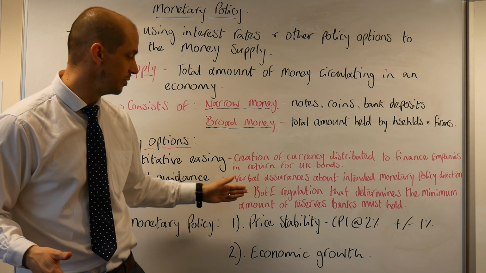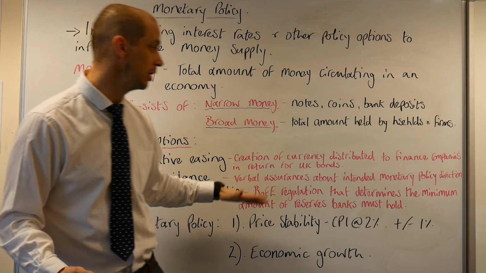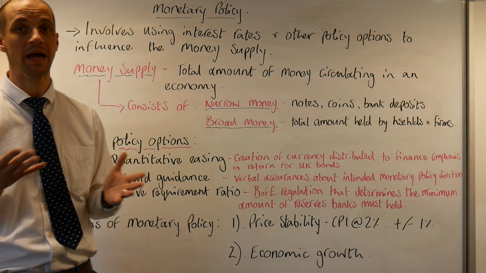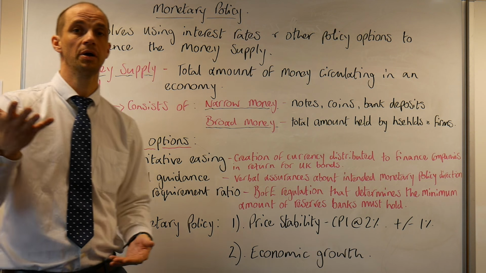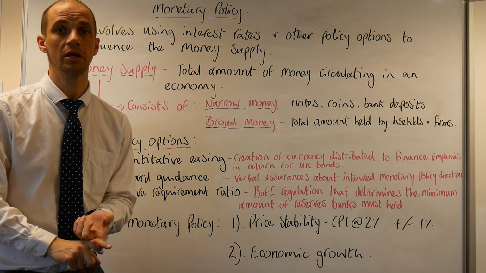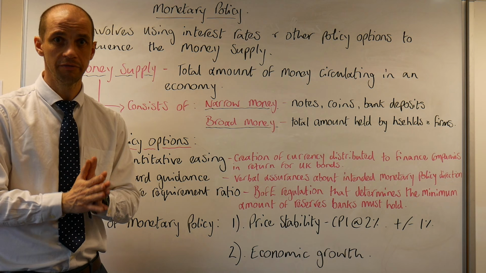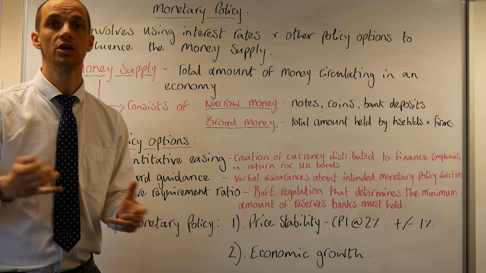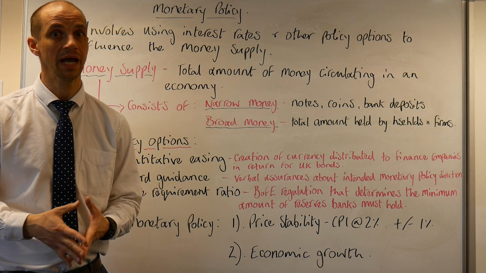The reserve requirement ratio is a regulation set by a country's central bank that determines the minimum amount of reserves that banks must hold. So perhaps you could have a reserve requirement ratio of 20%. That would mean for every £100 that is lent, you must have £20 available in the bank's liquid assets.